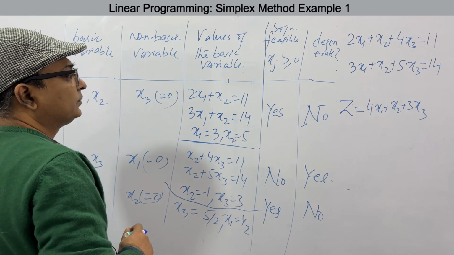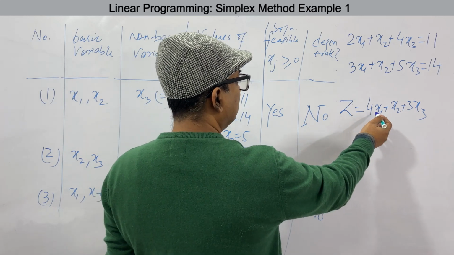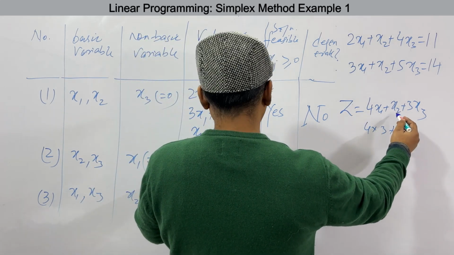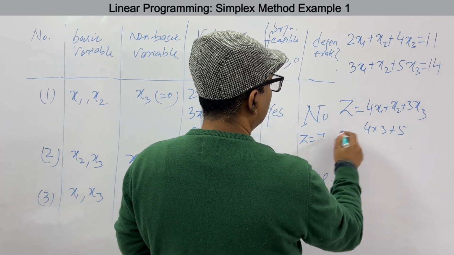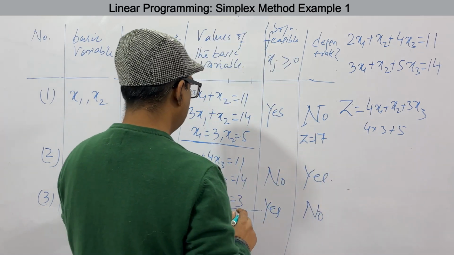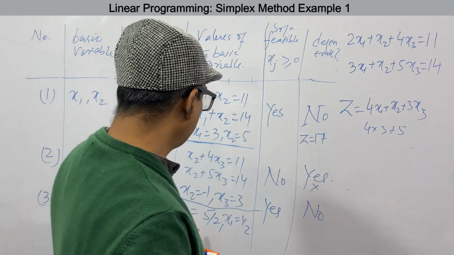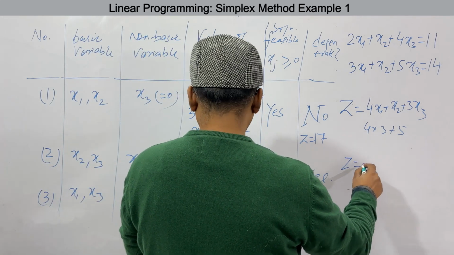In case of this, if we put x3 equal to 0, then x1 is 3, so 4 times 3 plus x2, that is 5. So this is 12 plus 5, so z will be 17. Okay. This solution is not feasible. So here we won't take z. Here x3 is 5 by 2, x1 is 1 by 2. So z is, x2 is 0.